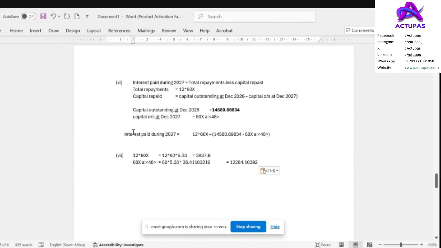So our interest paid during 2027 will then be equal to 12 by 60x, which is this, minus 14,580 minus 12,284.